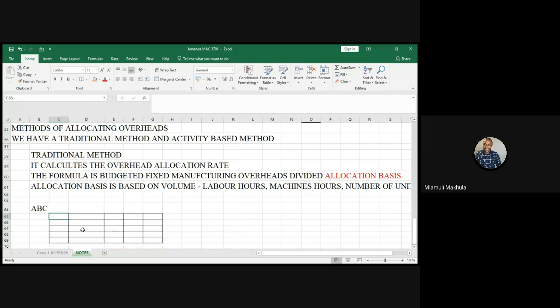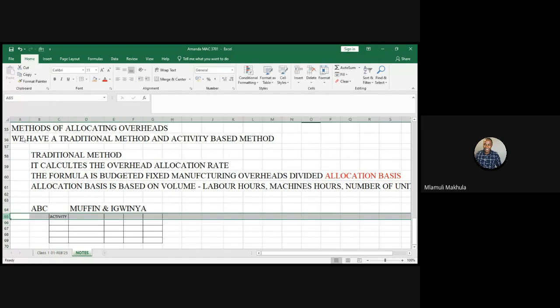Firstly, we're going to have the activity. The activity in this case, let's say we are producing two products: a muffin and igwinya.